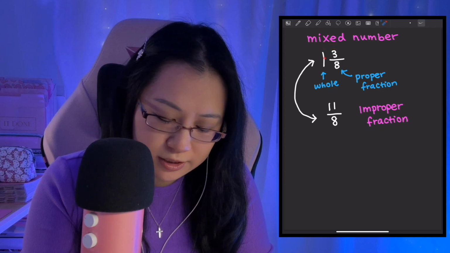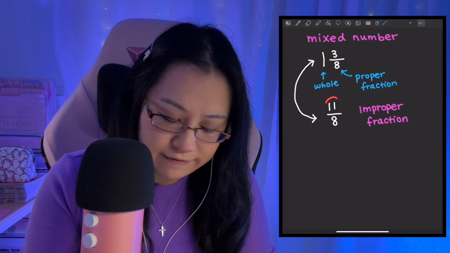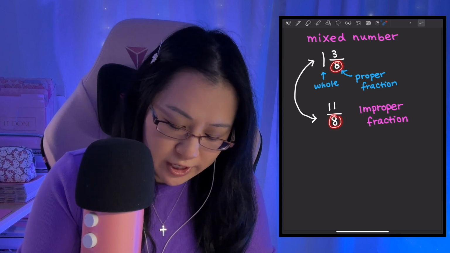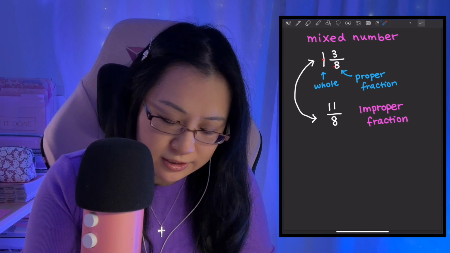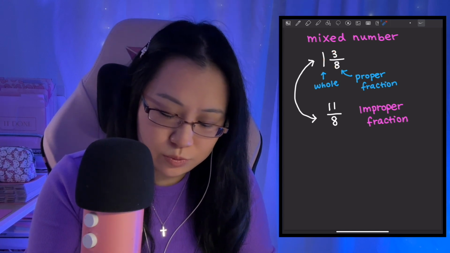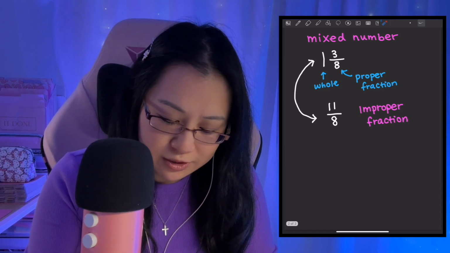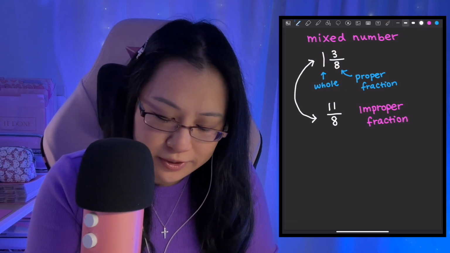So 8 times 1 is 8. 8 plus 3 is 11, and that's how I get this 11. And then I put the whole thing over 8 anyway, so you just keep that denominator. So 8 times 1 plus 3, and we'll come back to this little pattern in a second, okay? But that's just kind of the shortcut thing. This times this plus this, and then all over this. What are we actually doing here?